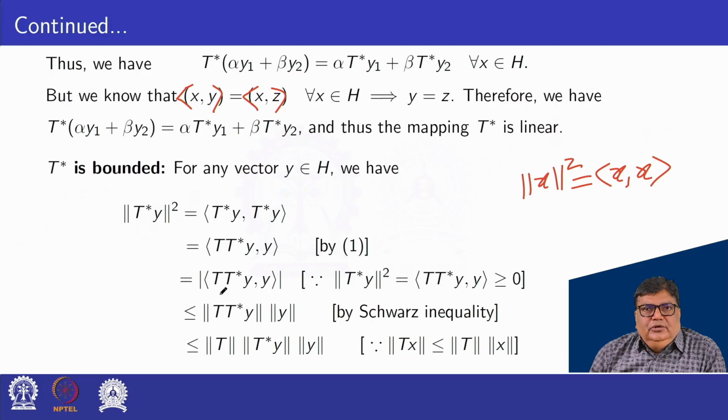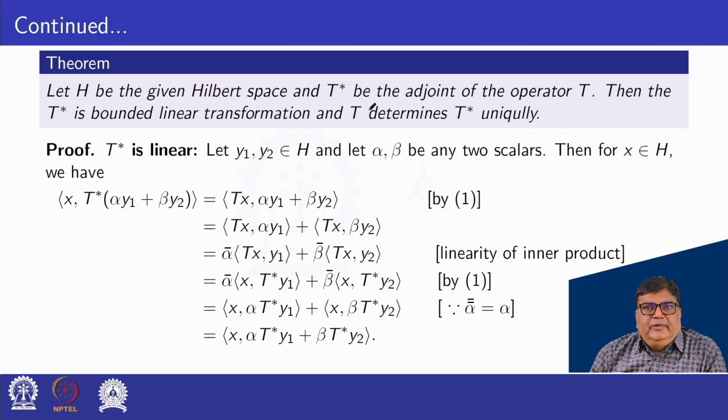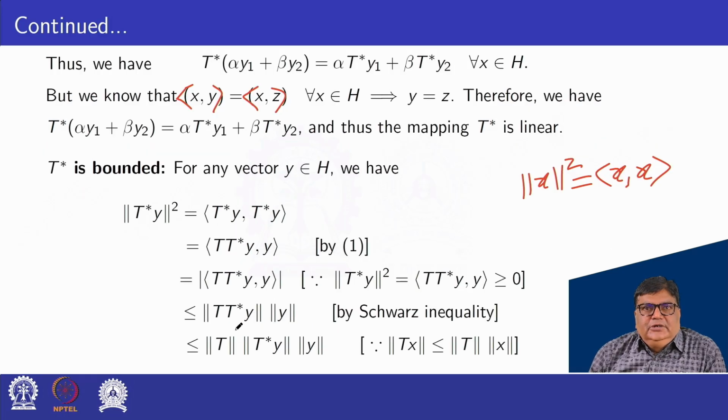So this can be written as norm of T into norm of T star y, because T is a bounded linear transformation. Since T is a bounded linear transformation, this is less than or equal to norm of T into norm of T star y into norm of y, because norm of Tx is less than or equal to norm T into norm x.